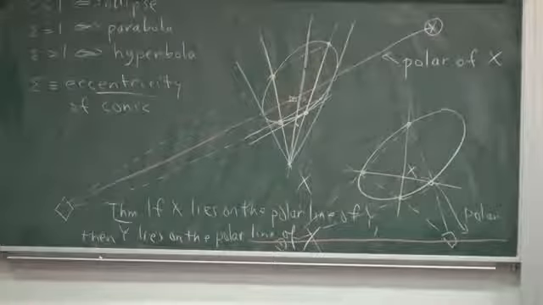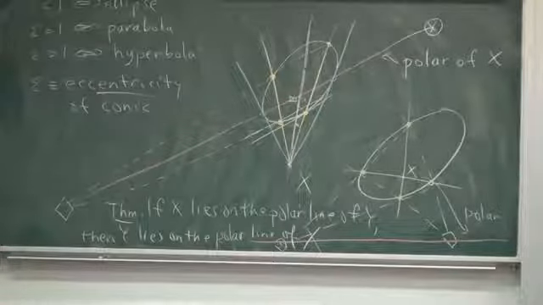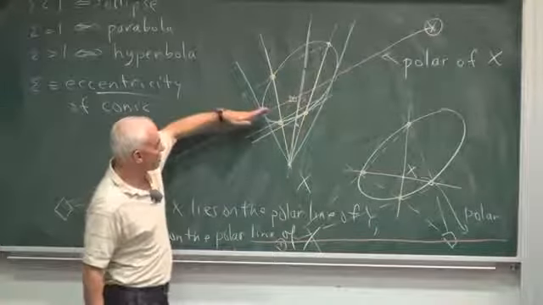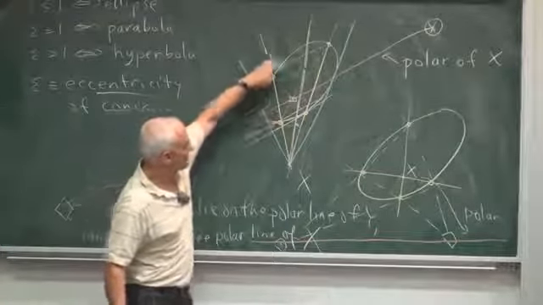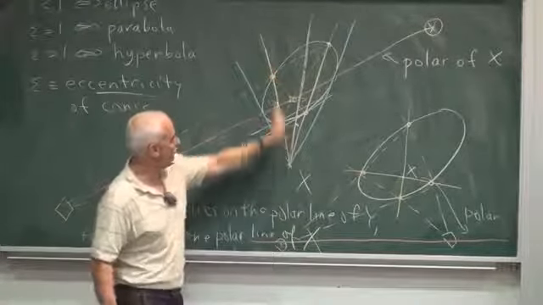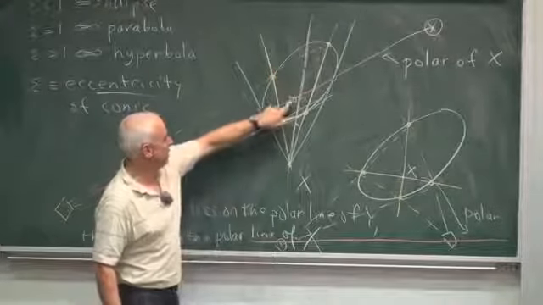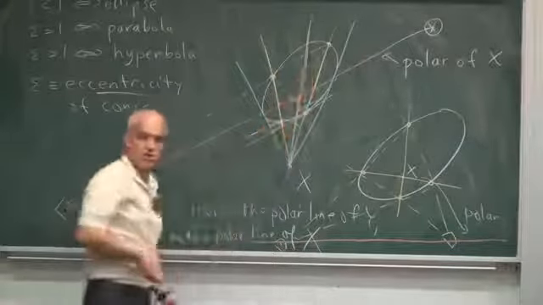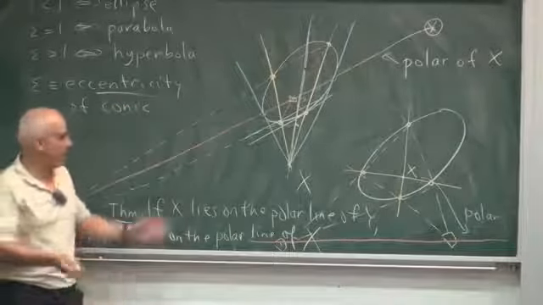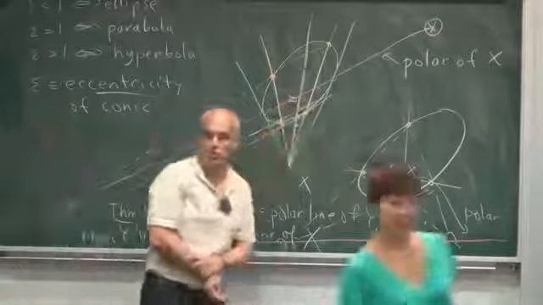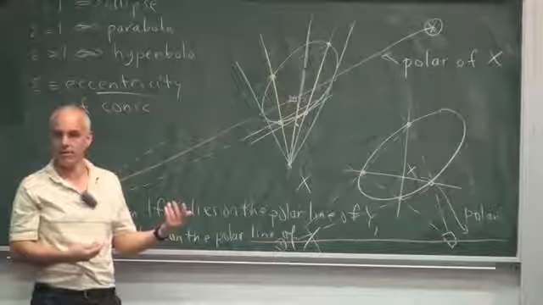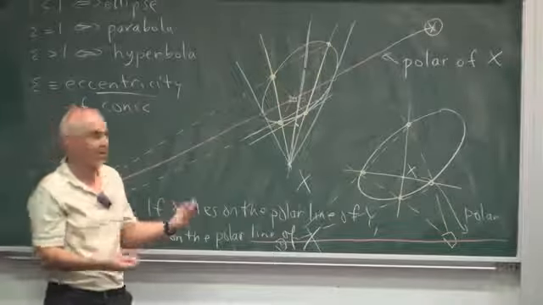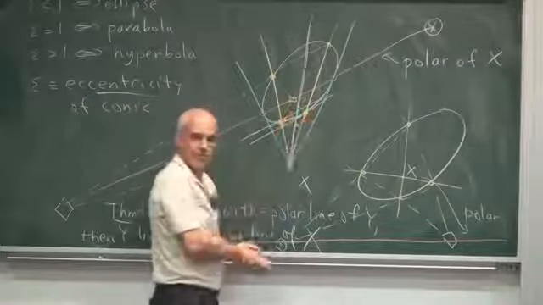Now you might say, well, wait a minute, you seem to be cheating here, because when you started with this second construction of the polar, you said, just choose any two lines. And then these 2 points that you created were dependent on the 4 points that you chose. What would happen if I chose a different pair of lines? Surely I would get something different. Suppose I moved these yellow lines.